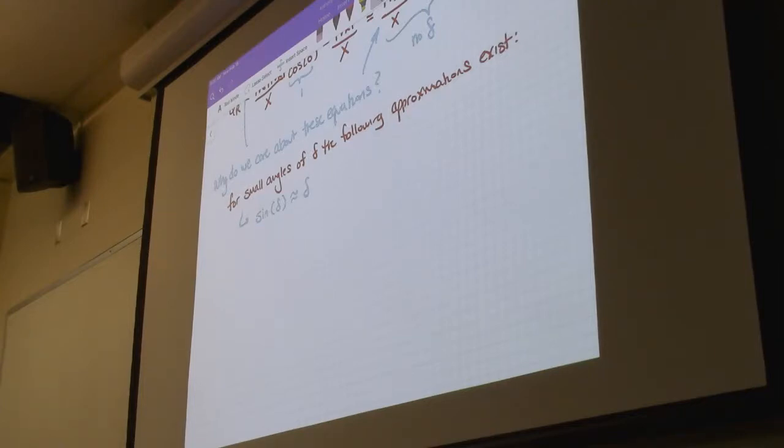Cosine of delta is approximately equal to 1. So those are two approximations that we can use.